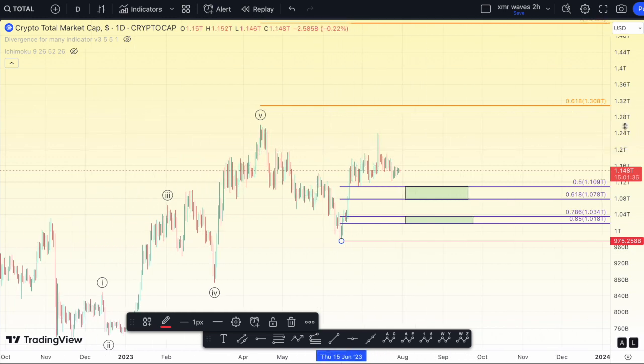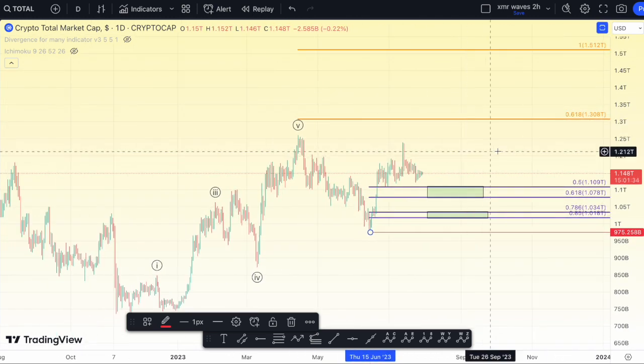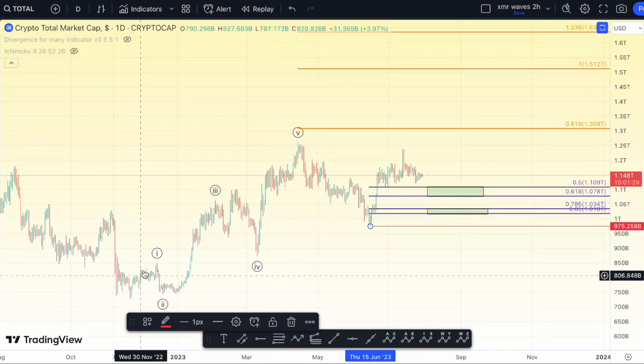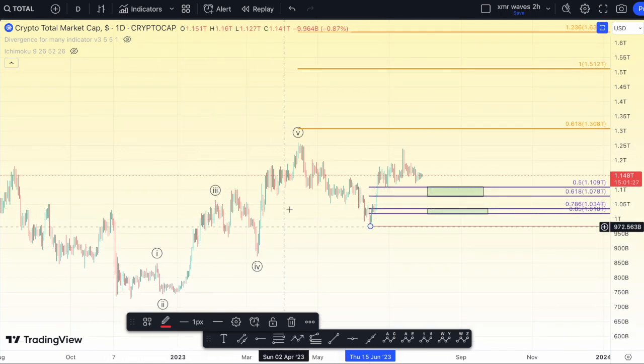And quite frankly, guys, this is very bullish to my eyes. All I see is motive waves after motive waves and corrections well within the range.